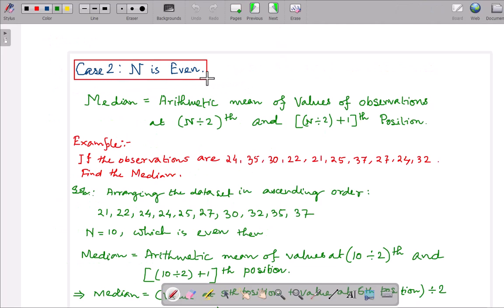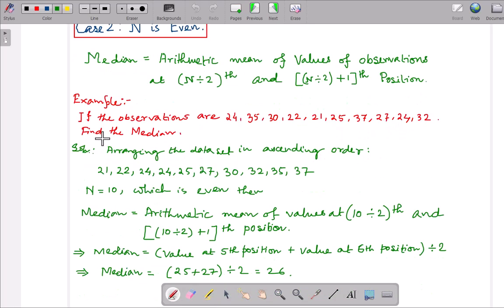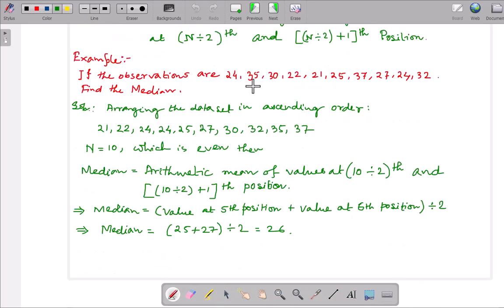Case 2, n is even. In that case, median is the arithmetic mean of the values of the observations at n by 2 and n by 2 plus 1 position. In this example, the observations are given. We need to find the median. First of all, we need to arrange the data set in ascending order.